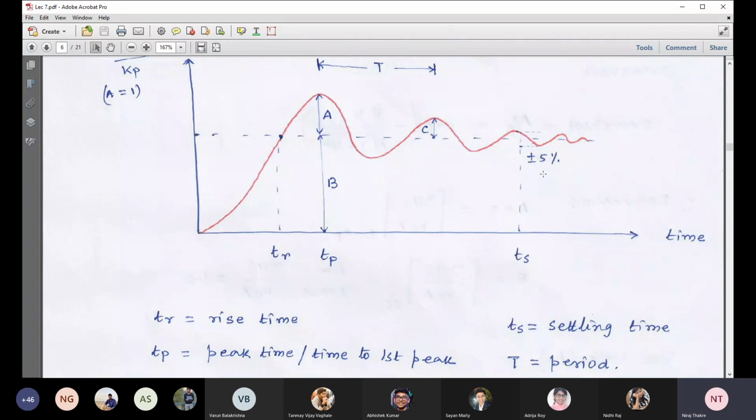Okay. Now, can you tell me what is the value or expression for TP in terms of capital T? Anyone? What is the expression for peak time in terms of capital T? Anyone can give the answer?